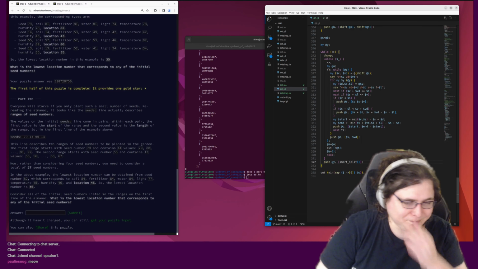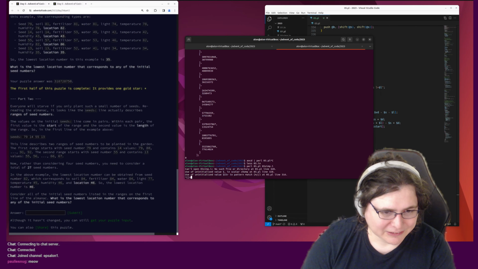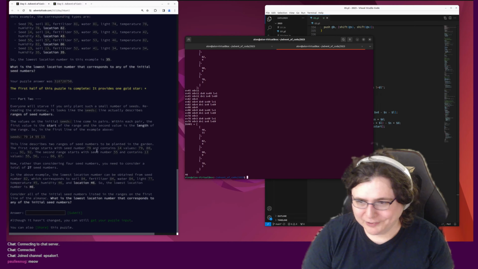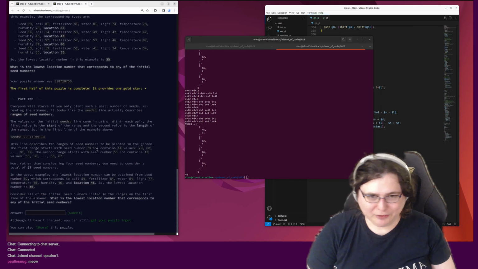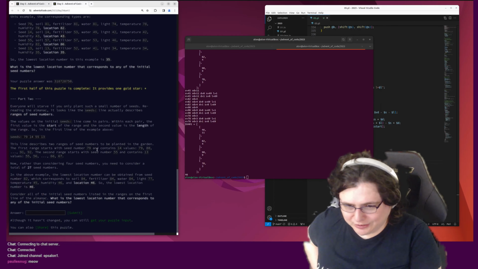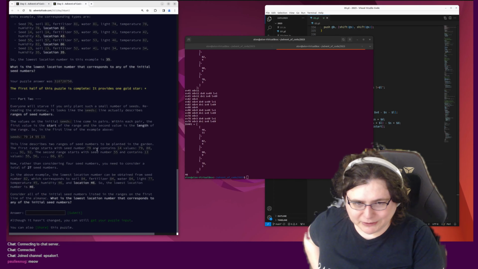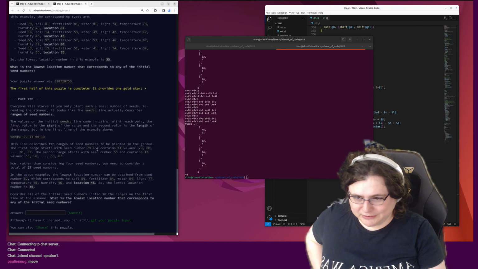So, yeah, let's run it on the example again. Okay, so there are 2 ranges at the beginning, but at the end we end with 4 ranges. The lowest location, I have to say number 82, converts to 46.